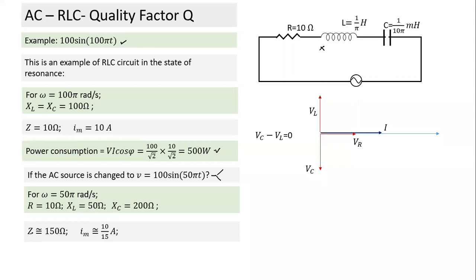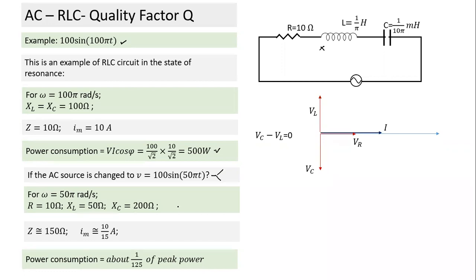So we can calculate the value of I approximately. When frequency is halved, the current becomes 1 by 15 times, and power consumption becomes much lesser. By making the source frequency half, with everything else remaining the same, the power becomes less than a percent of our earlier power consumption.